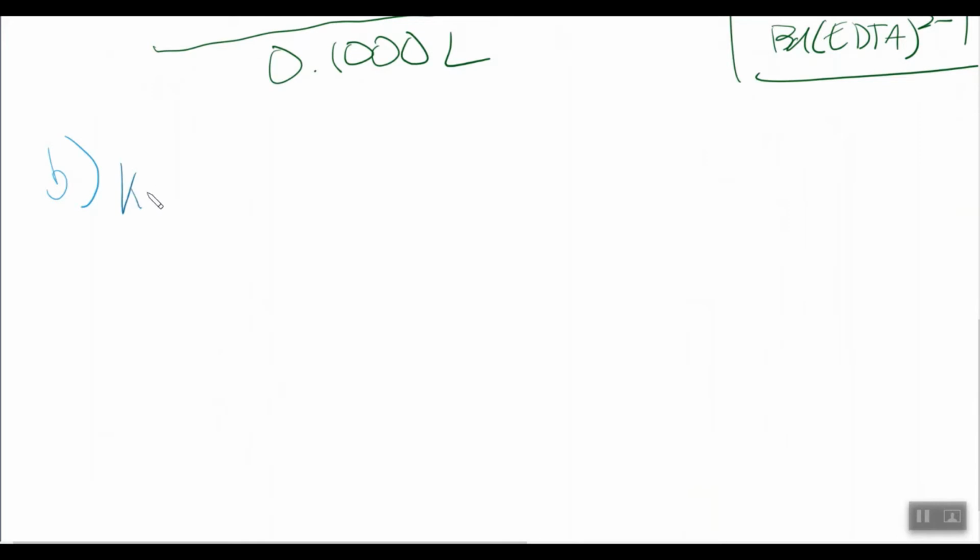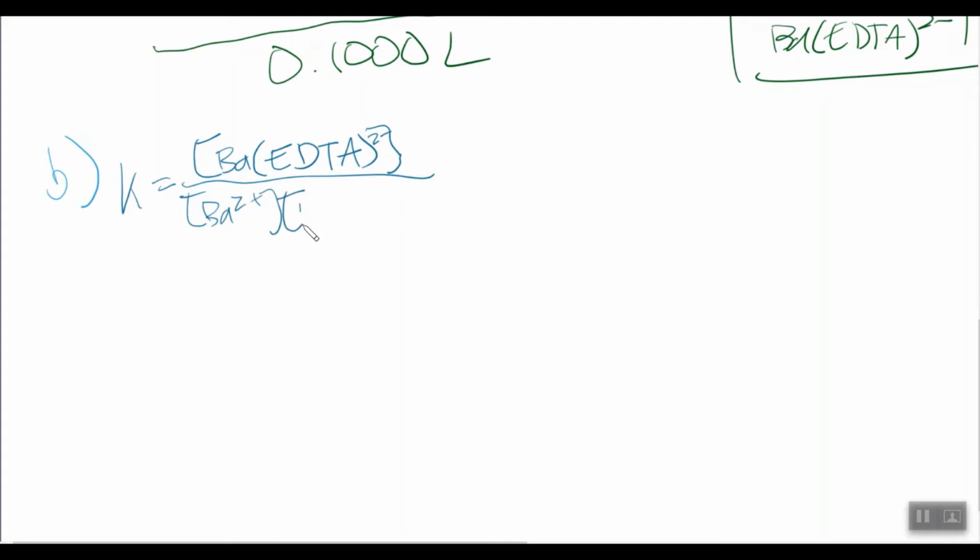So we know that K is going to be equal to the concentration of the complex ion, and that's 2 minus, over the concentration of the ions that make up the complex ion. And voila.